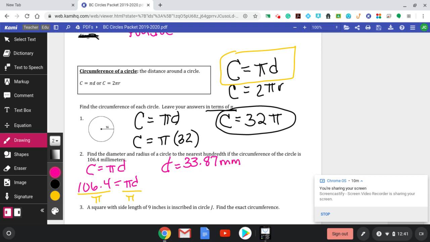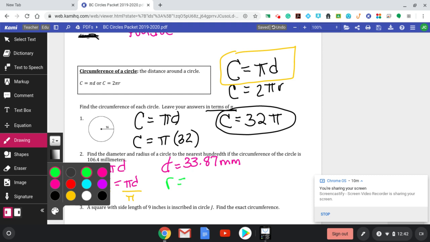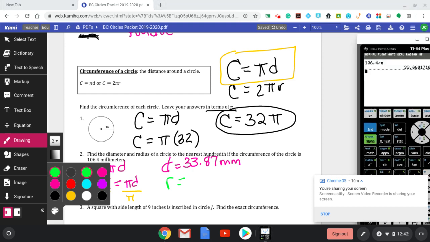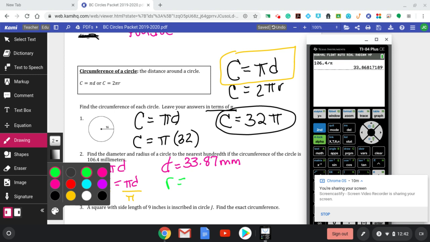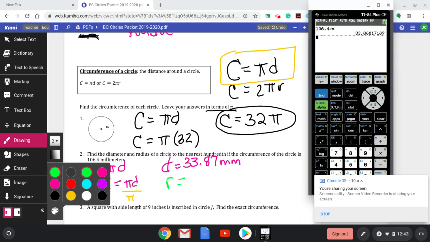Then I go to radius. Radius is half the diameter. So I'm going to cut the diameter in half. Now again, that's the diameter, rounded though. When I find the radius, I want to go back to my calculator and divide that number because it's going to get more exact.